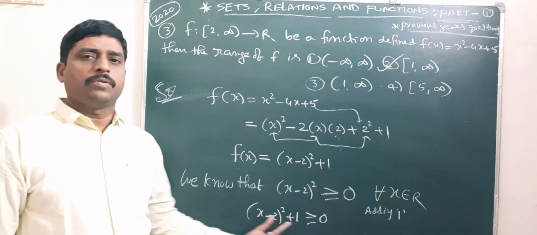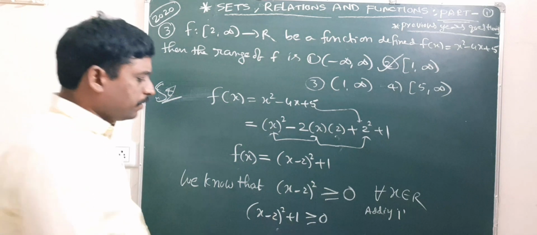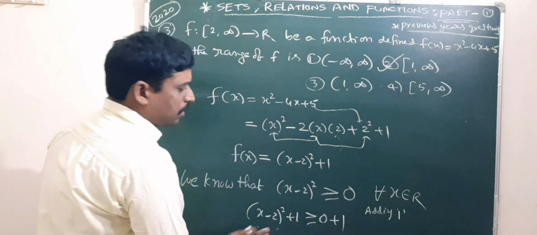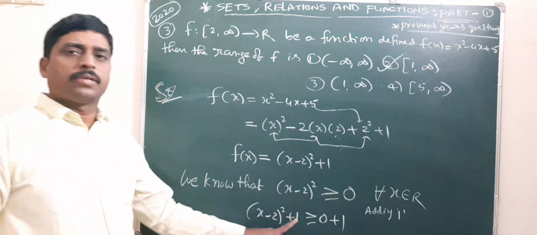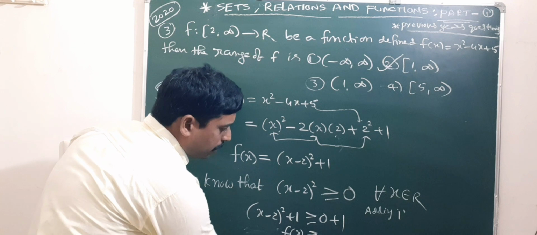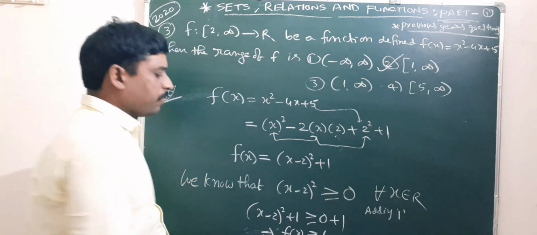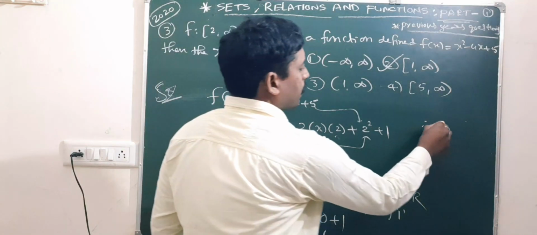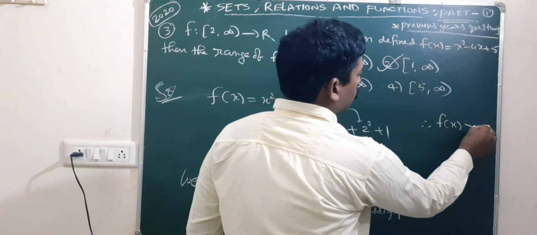So (x minus 2) whole square plus 1 is nothing but f(x). Therefore, f(x) should be greater than or equal to 1.